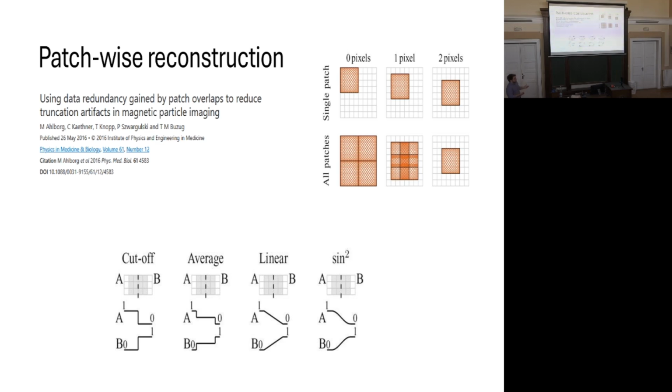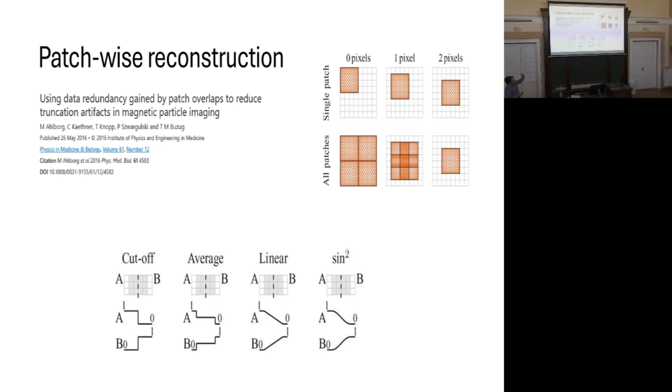It's the simplest approach, and then we have a big volume, but it will not suppress our border artifacts. So we will need overlapping patches to suppress the border artifacts and have nice images.